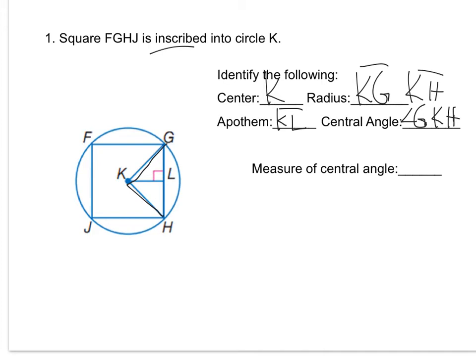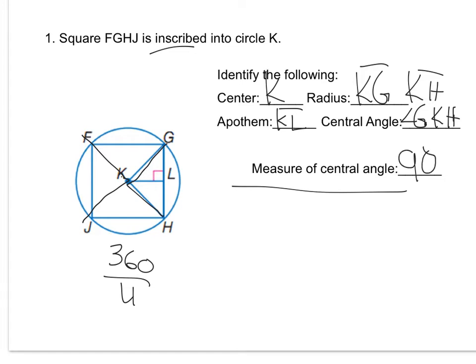And the measure of a central angle, if you think about it, there would be 4 central angles, so I would take 360 divided by 4. So my central angle is going to be 90 degrees, because there's 1, 2, 3, 4.